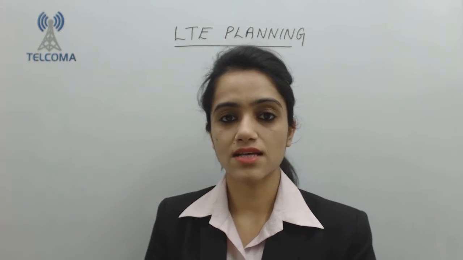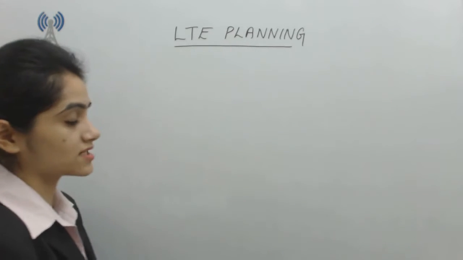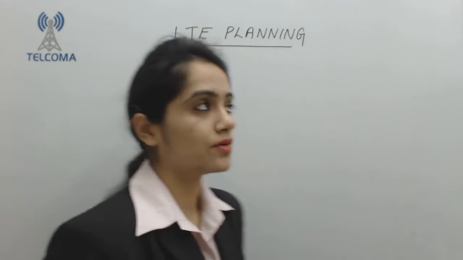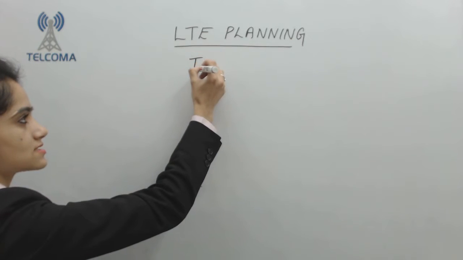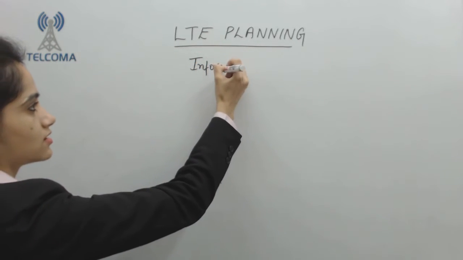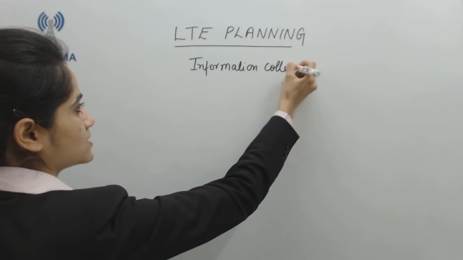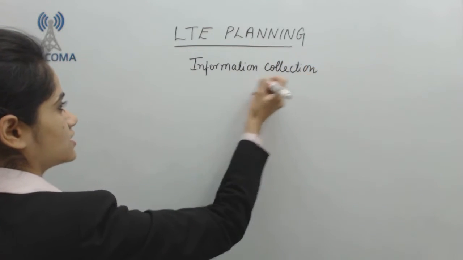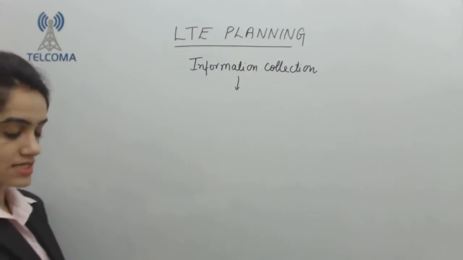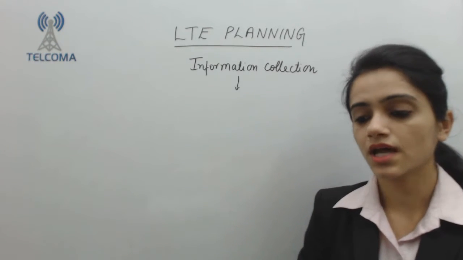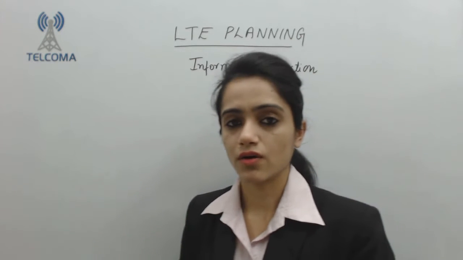Hello, in this class of LTE planning, we will be studying the various steps of planning that are used. The very first step is information collection. This information collection we have done in our previous classes, in which we have to take concern of each and every loss in the network as well as dimensioning of the network.